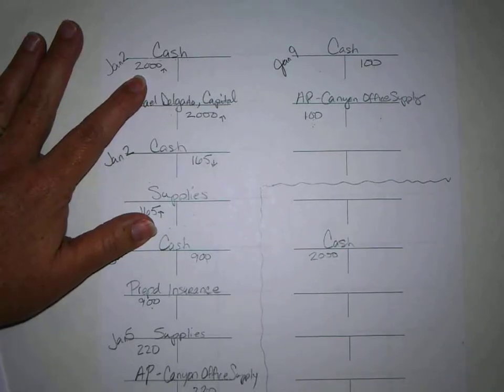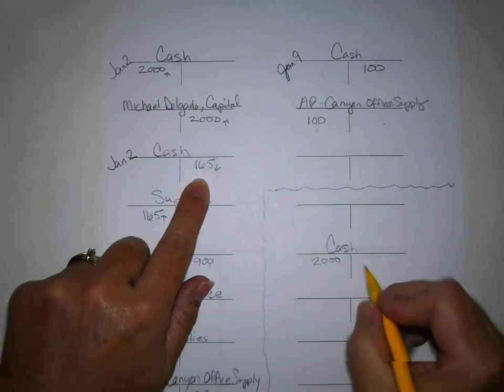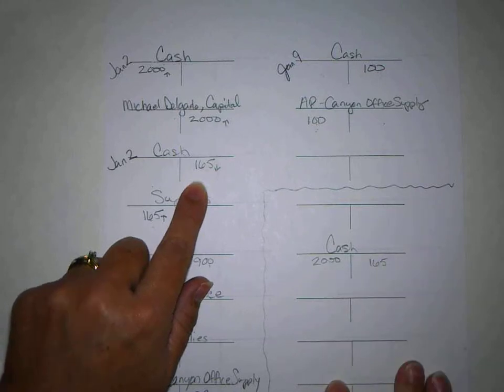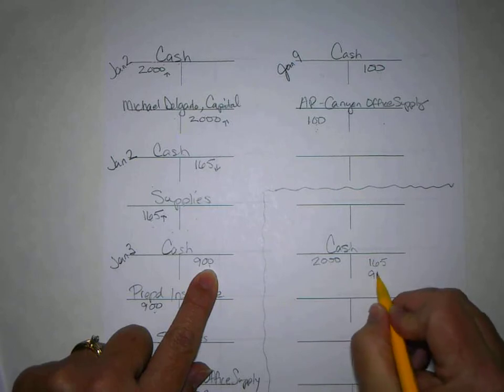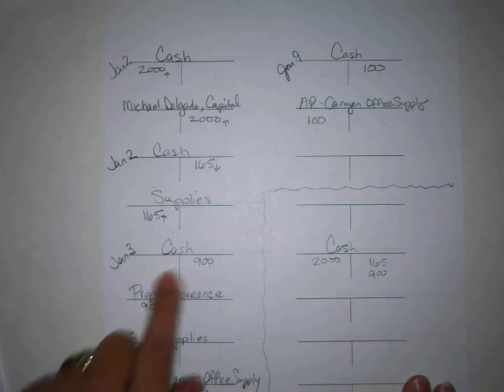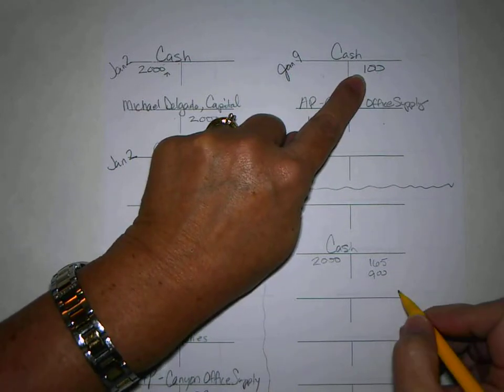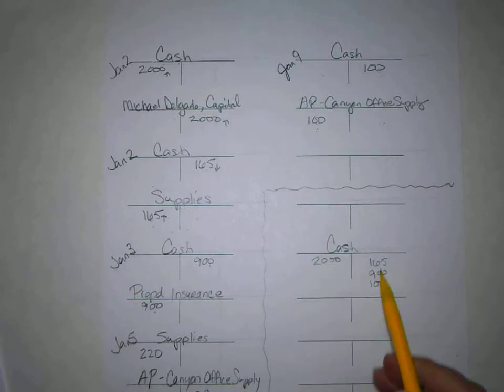Okay, then in our next transaction, we had a $165 credit. And then we had a $900 credit. And then lastly, we had a $100 credit. Okay, so these came from 4 different transactions, 4 different dates.